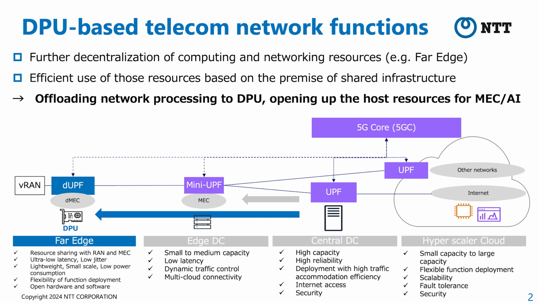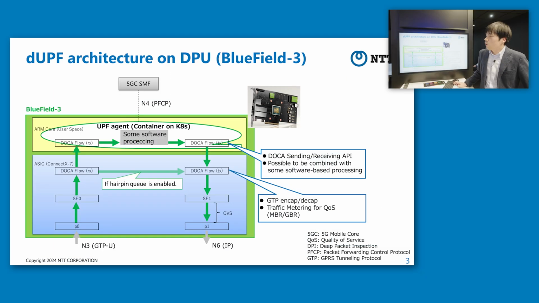So we have implemented the DUPF using NVIDIA's BlueField-3 card. Okay, so this is the detail of our DUPF architecture on BlueField-3. The UPF agent is a container running on BlueField's ARM cores. It is responsible for the data plane session control, cooperating with the control plane functions of 5GC.